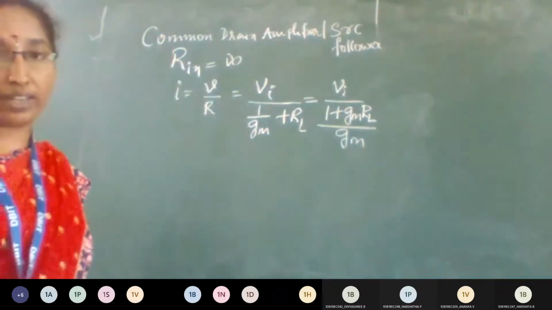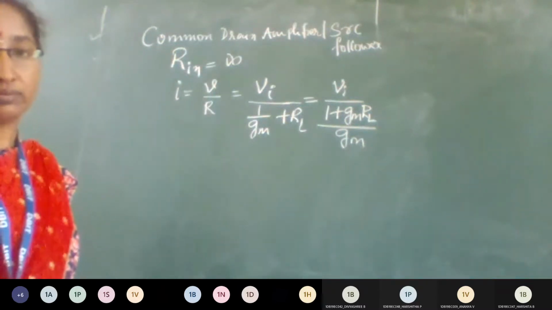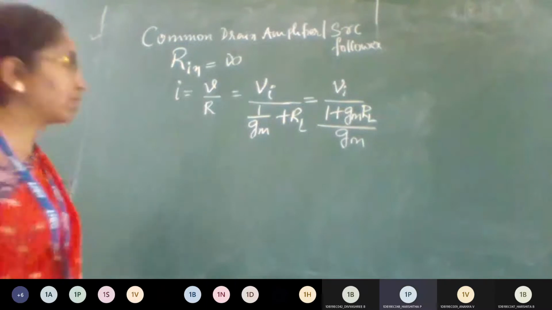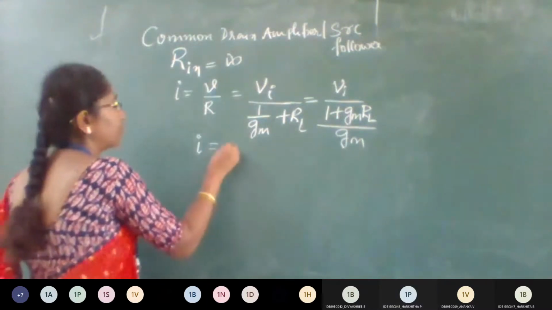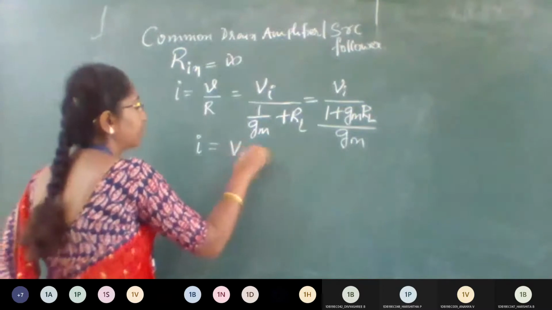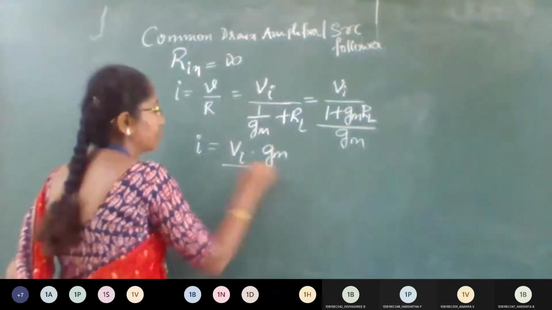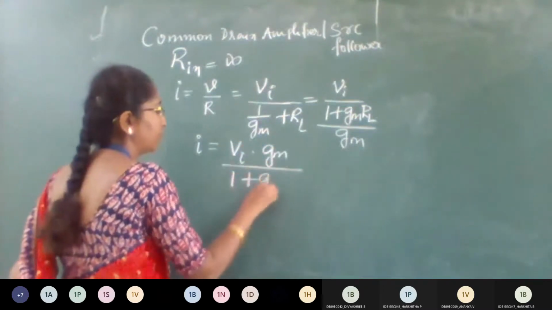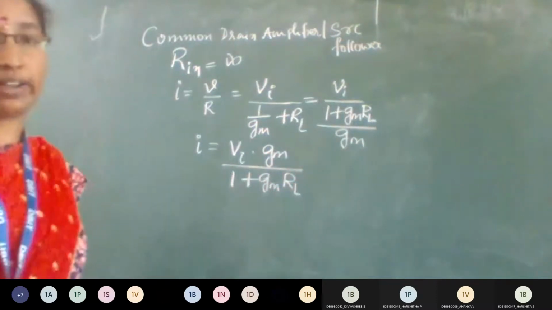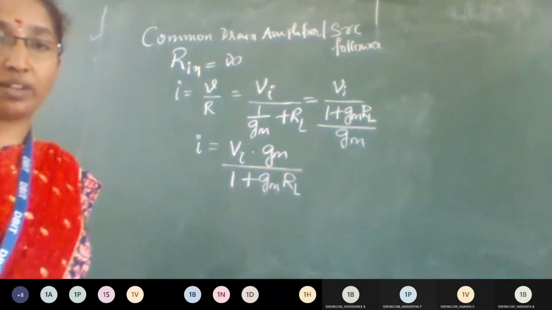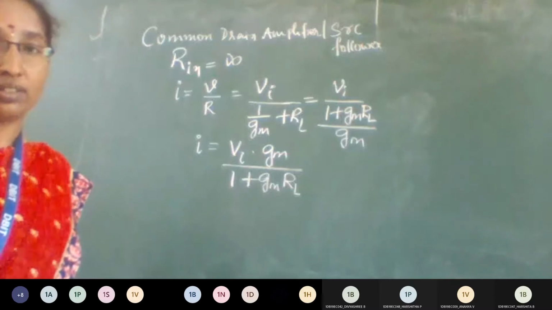Is the equation clear? Yes, ma'am. Okay, so finally you can write I is equal to Vi into Gm by (1 plus Gm RL). Once you find the current, you can easily find the output voltage.